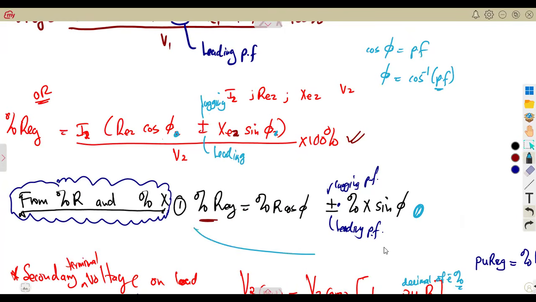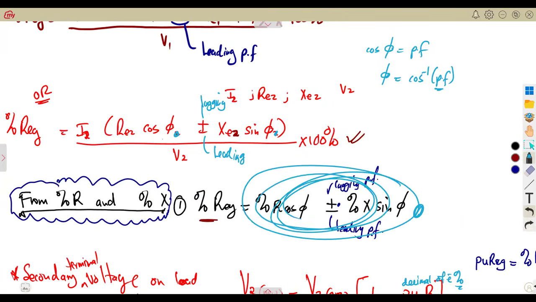So the same with this one that I'm going to use here for percentage regulation, I'm going to use this one with a negative. It's up to you which condition you are going to consider, guys. You can even use the one that we had before. But like I said, I'm just going to be short because of time.